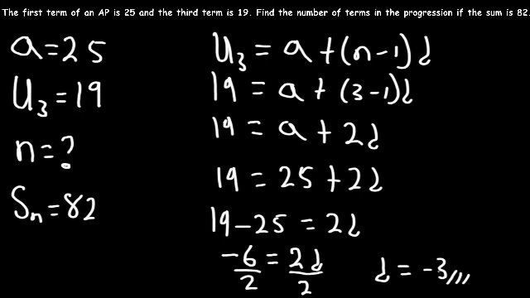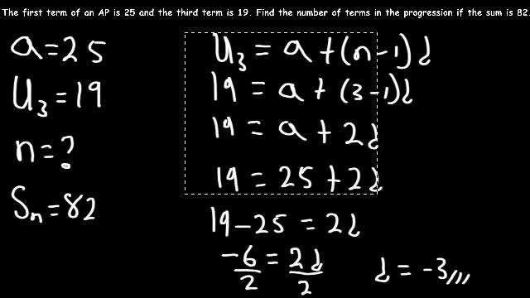Alright, now having gotten the value of d, likewise the value of a, and at the same time S sub n is given to me, I can use the formula of the sum of an AP to get the value of n.